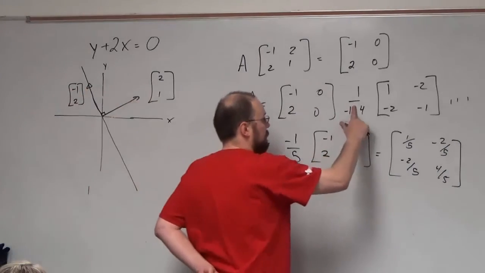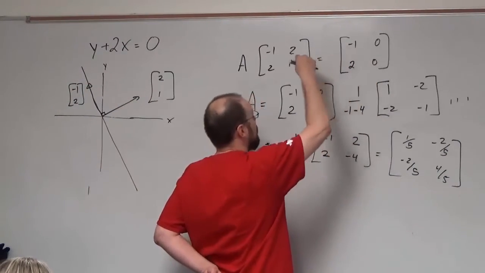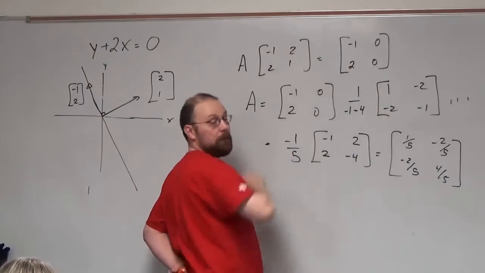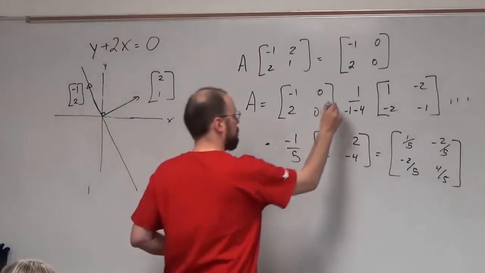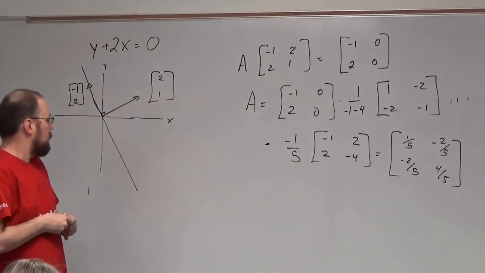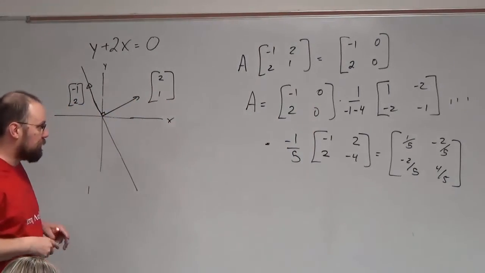My apologies, that's minus the determinant, so it's -1 minus 4. We're finding the inverse of this matrix. Okay. So that's the matrix that does the job.